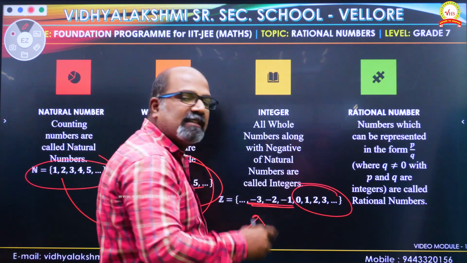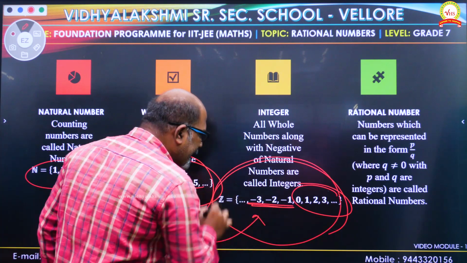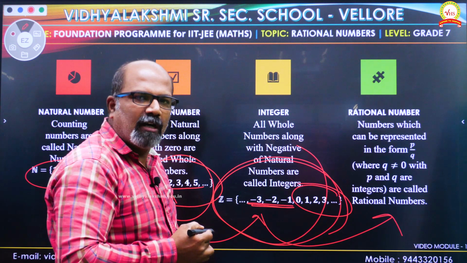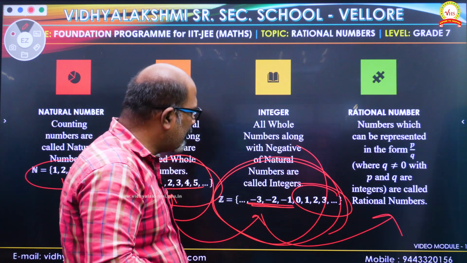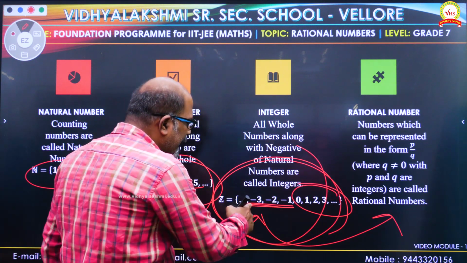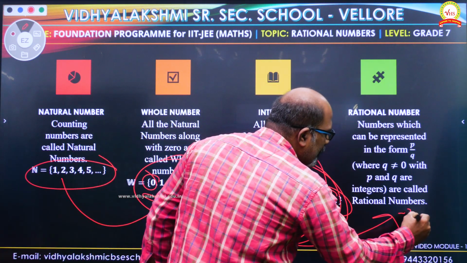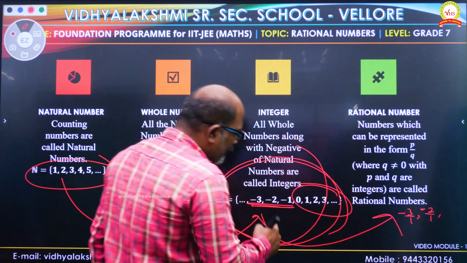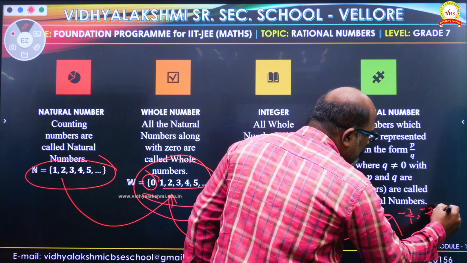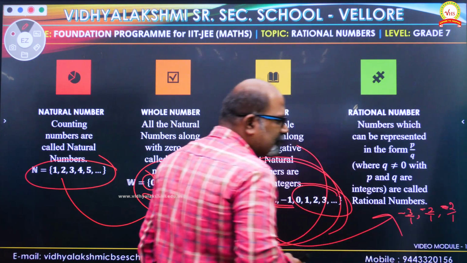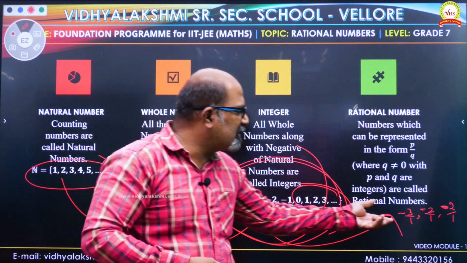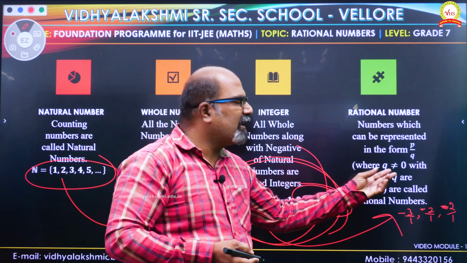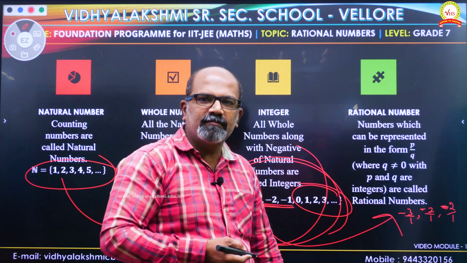When you come to rational numbers, all these integers are included in the set of rational numbers, because when you take minus 3, you can write minus 3 by 1. When you take minus 2, we can write minus 2 by 1. When you take minus 1, we can write minus 1 by 1. In the same way, all the numbers can be expressed in the form of p by q. So all the integers are included in the set of rational numbers.